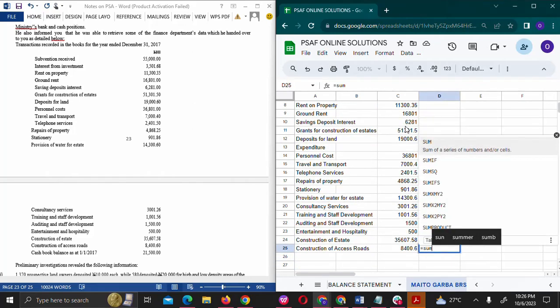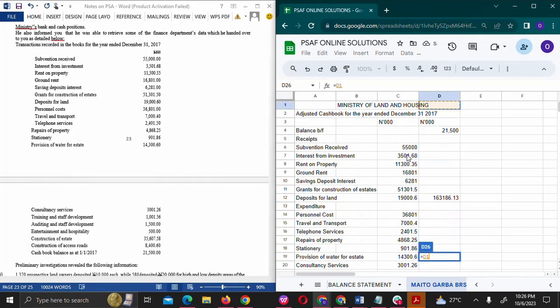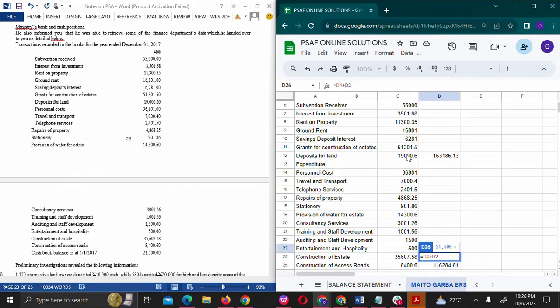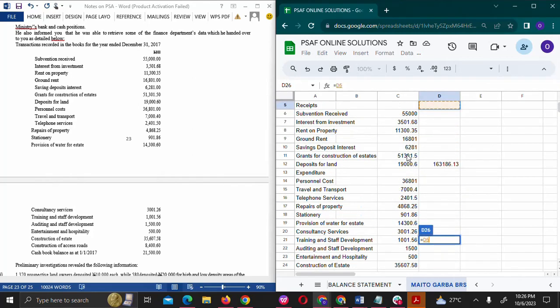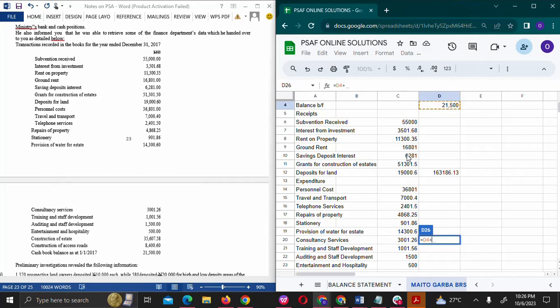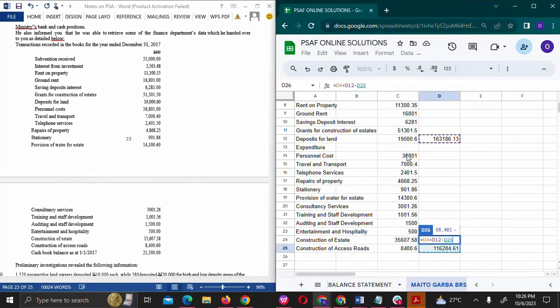So you have your opening balance plus your receipts, minus your payments.